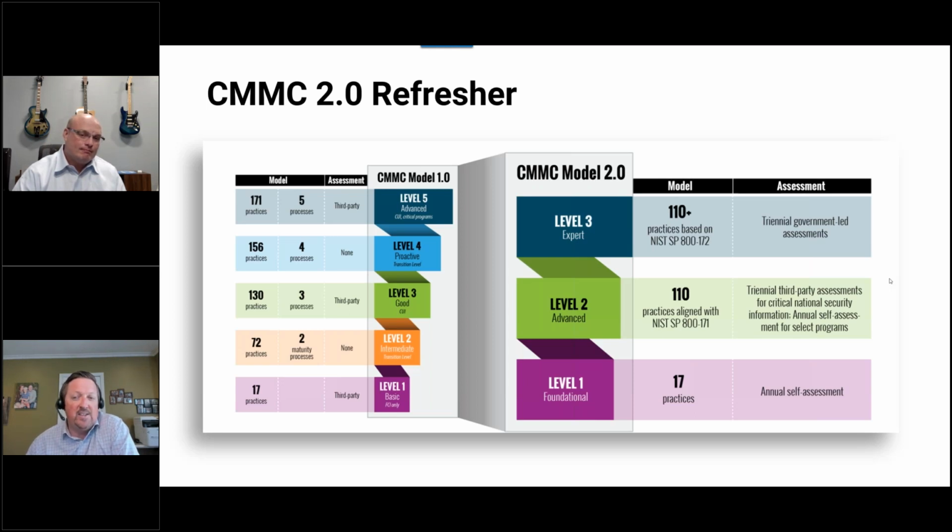And the reality today is that if you're a medium-sized or even small manufacturer and you have access to CUI, you are being held to a similar standard to the prime contractors to a large degree. That is just the reality of things.